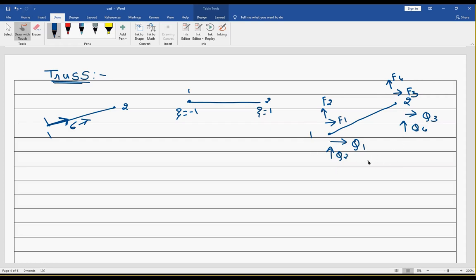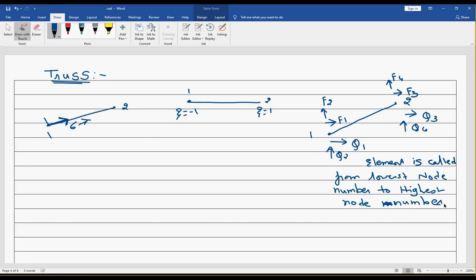Okay, the element is called from the lowest node number to the highest node number. So this is how I call the element.